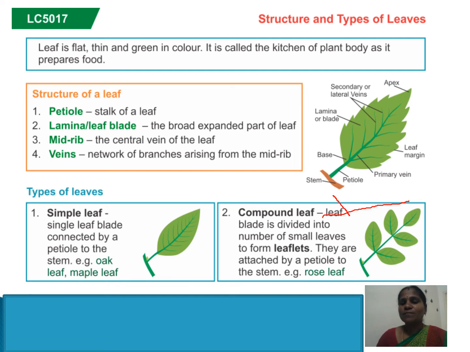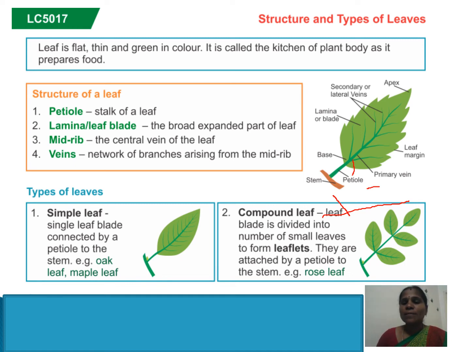Lamina or leaf blade. Another name for the leaf blade is lamina. The broad expanded part of the leaf we call lamina or leaf blade.